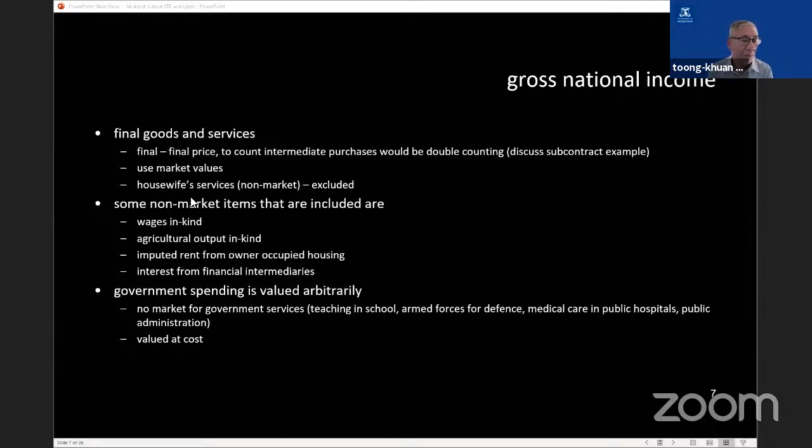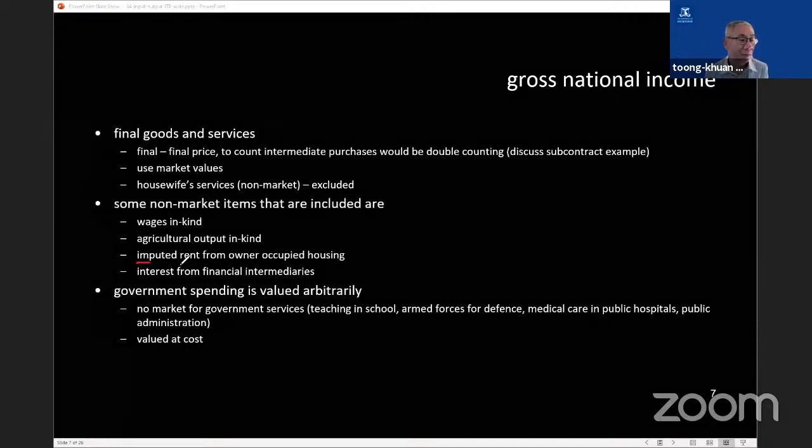There are some non-market items that are included. That is wages in kind, agricultural output in kind, imputed rent from owner-occupied housing. Now, do you guys understand this? Imputed rent from owner-occupied housing. That's quite an interesting one. What do you understand from that term?